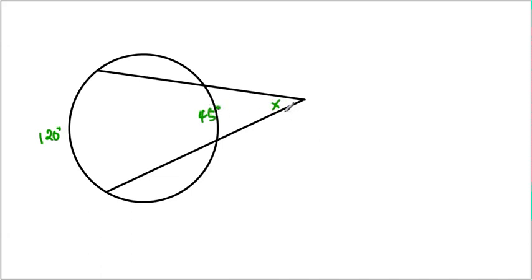What is the value of x? Why don't you try to work on this one? One relationship is 120 minus 45, all over 2, will be equal to the value of x. Then as you can see, this becomes 75 over 2 as the value of x.